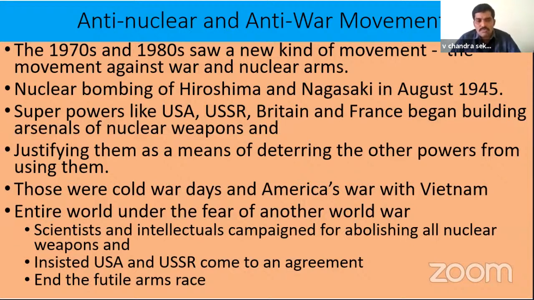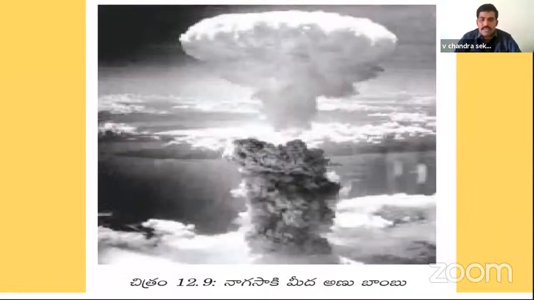They insisted that the USA government and the USSR government come to an agreement to control nuclear weapons. Finally, based on the pressure coming from different movements all over the world, the USA and the USSR agreed to an agreement.